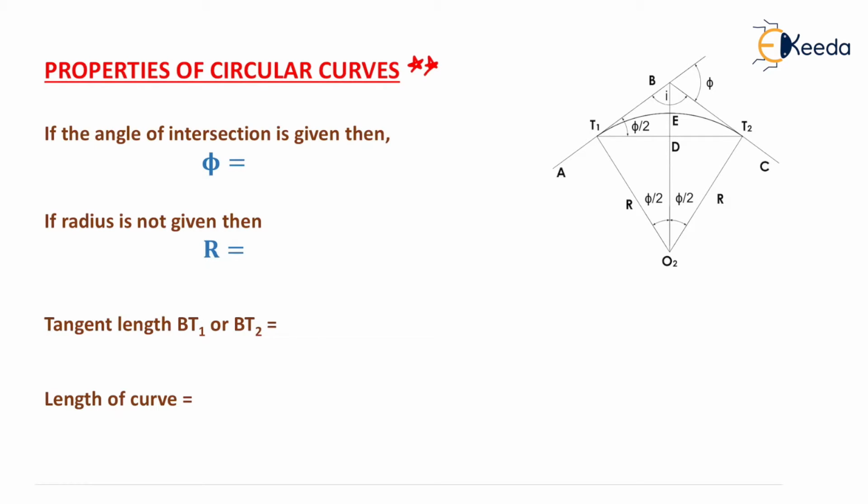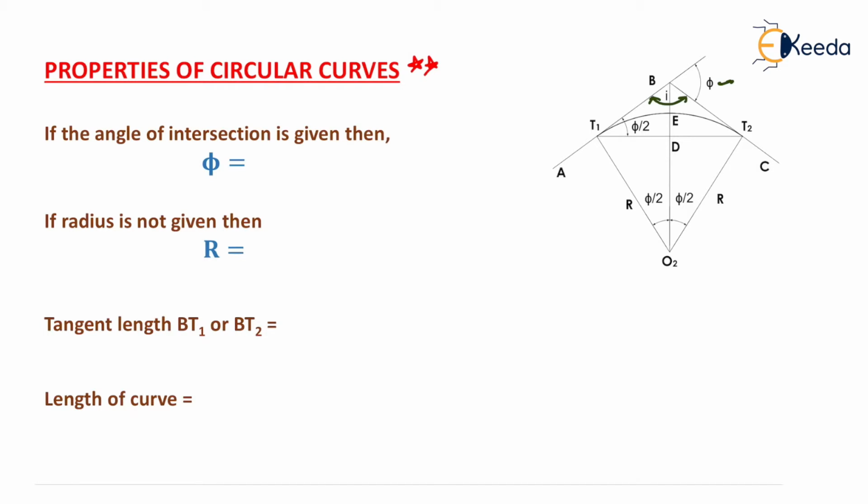This angle is known as the angle of intersection I. Whenever in the question the angle is mentioned as less than 100 degree, then that angle will always be the deflection angle phi. Okay, and if the angle is greater than 100 degree, then that angle is known as the angle of intersection.